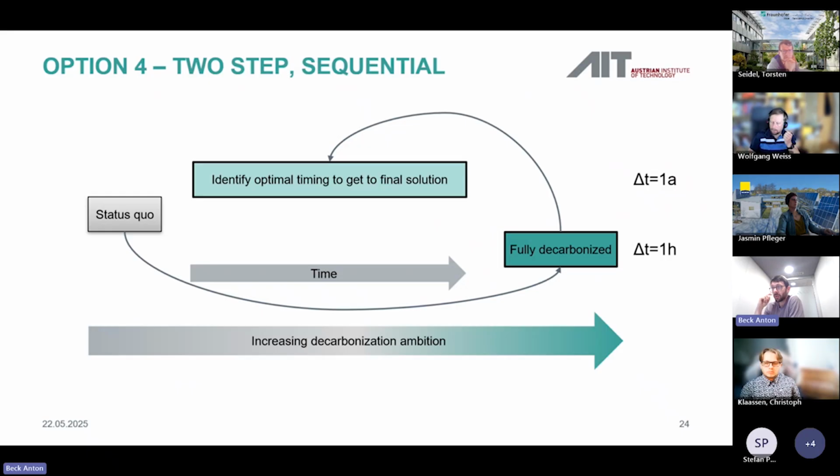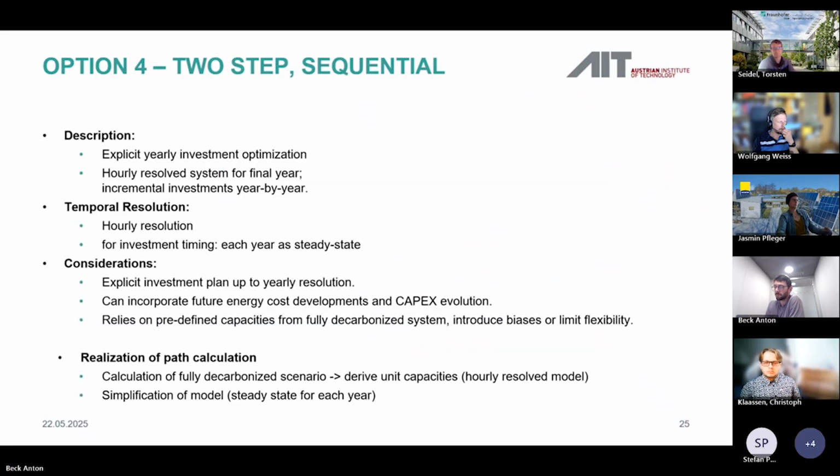But we used a slightly simplified model with a yearly resolution, and the question was how to minimize these overall costs to reach certain targets for decarbonization, where there was a decline from 2025 to 2030 in terms of scope 1 or 2 emissions, and this would have to be fulfilled.